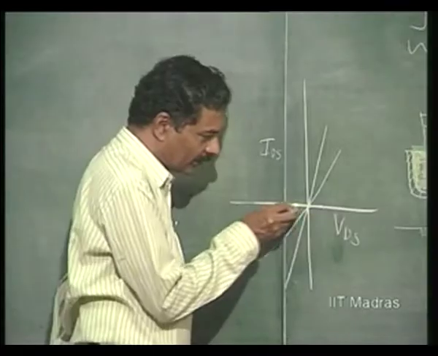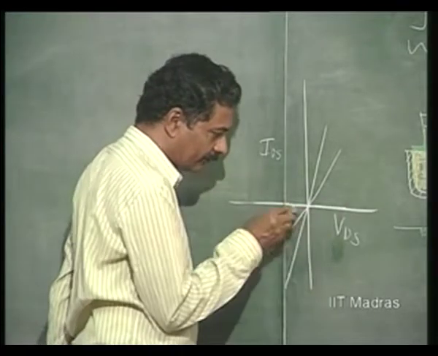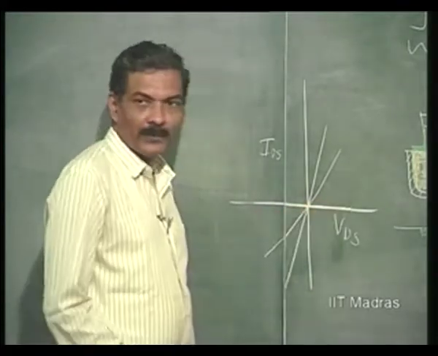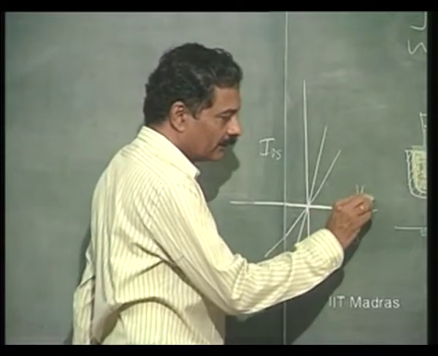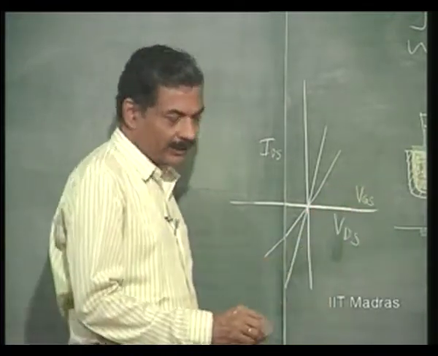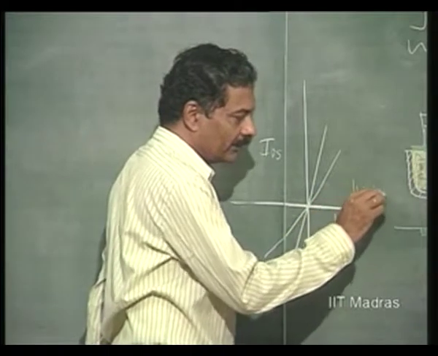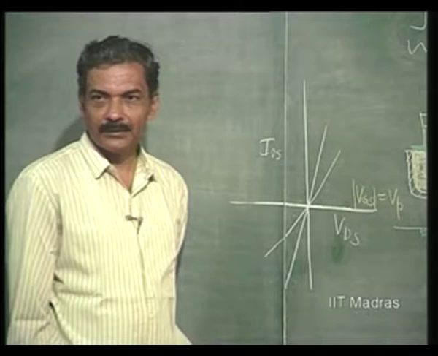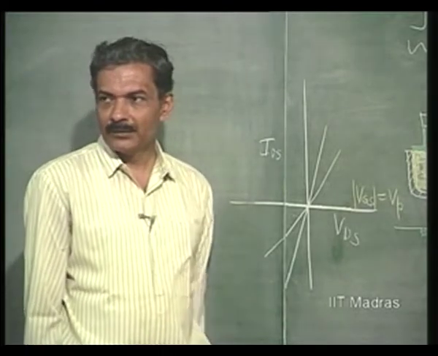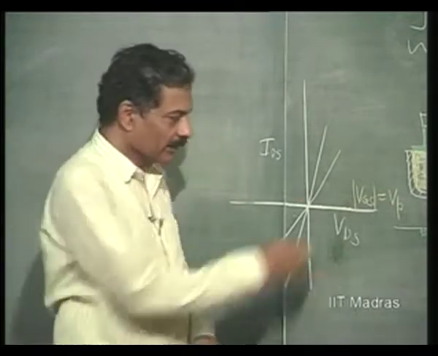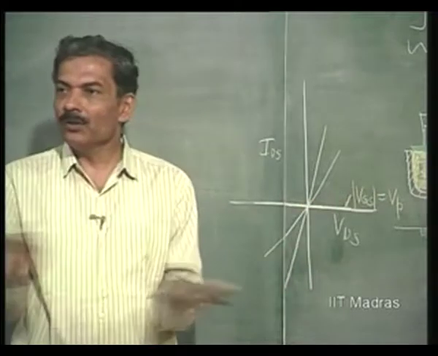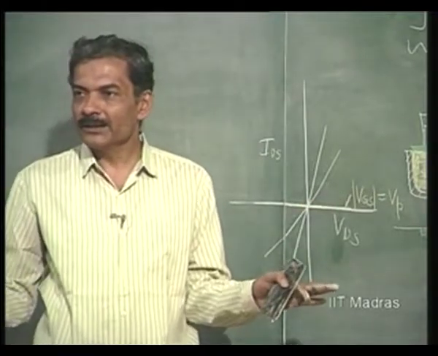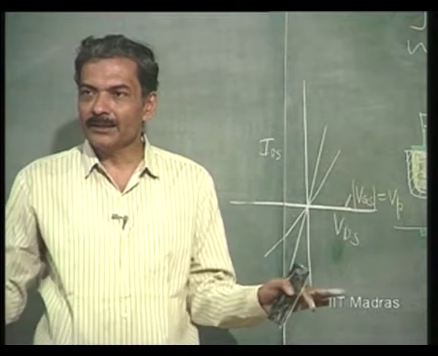That means, at this particular point, you are applying a VGS which corresponds in magnitude to the pinch off voltage. There is therefore no connection between source and drain, and the current is 0.